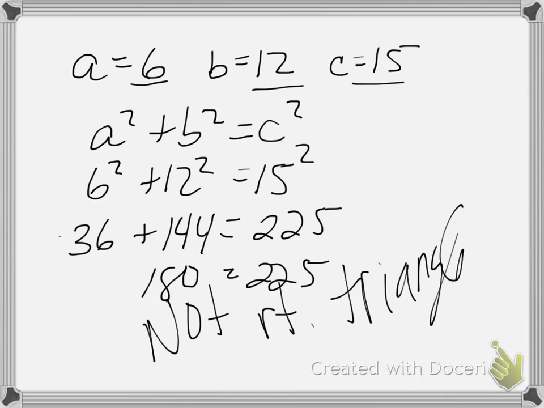Okay, then Pythagorean theorem leads to the distance formula. So you start looking at diagonals on a grid. So let me put grid paper up.